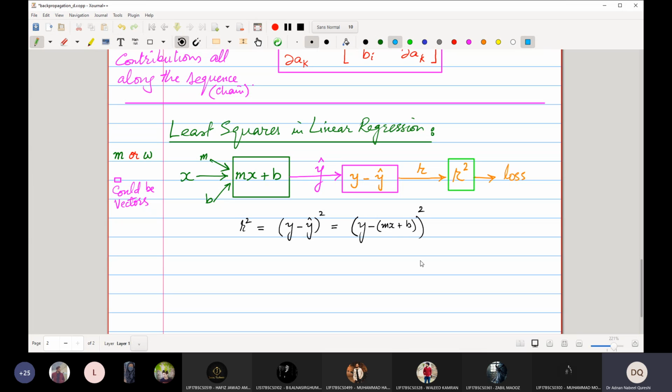Now, if you follow Professor Andrew Ng's lectures, what he does is he puts a 1 over 2 at the beginning of this. We will see what is the effect of that, और वो हमेशा लाइट ब्लू में मैं लिखूंगा.